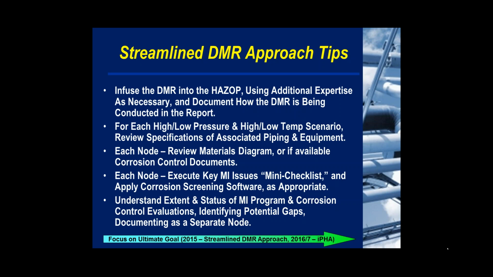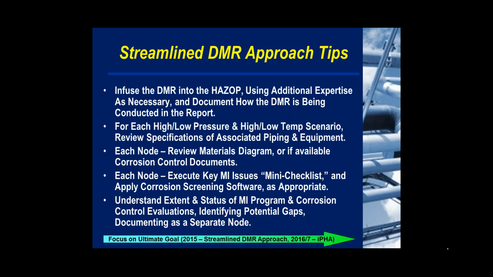During portions of your team sessions, you'll want to get metallurgical and mechanical integrity experts involved to really help the team out. How we handle this currently is for each high and low pressure or high and low temperature scenario, we look at all the specs for the piping, equipment and other equipment to make sure it's compatible with the process conditions and process conditions during an upset.